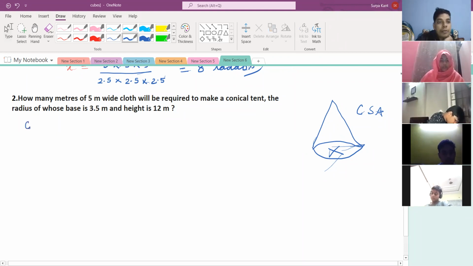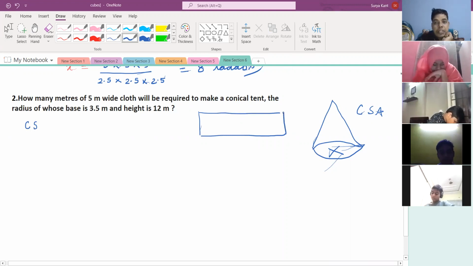Sir, I did not understand the question, sir. He gave 5 meters, again he gave 3.5. See, how many meters of cloth. One cloth is there. This cloth is 5 meters wide. We don't know the length of it.